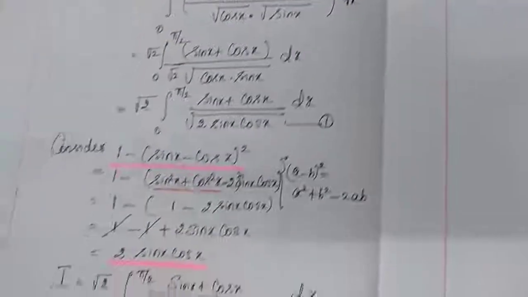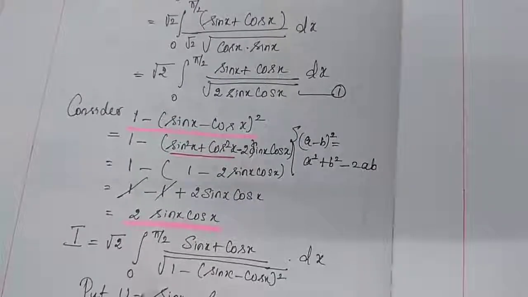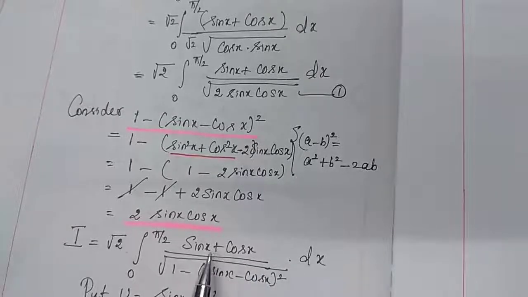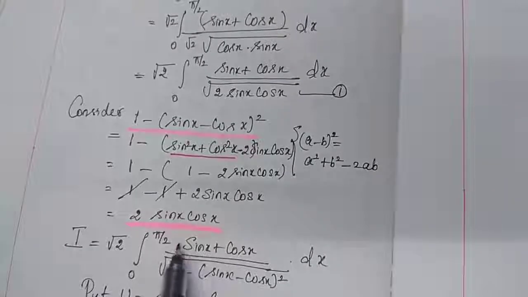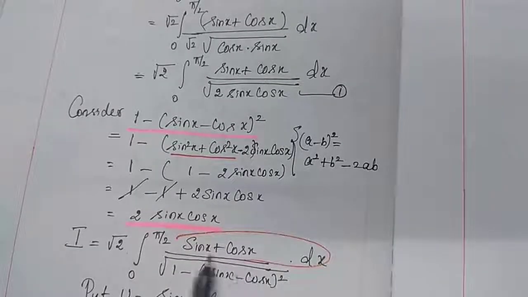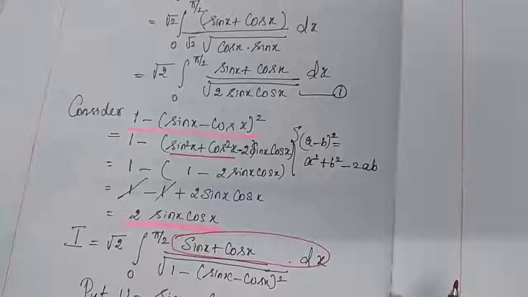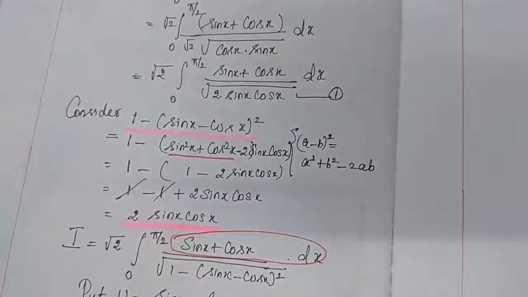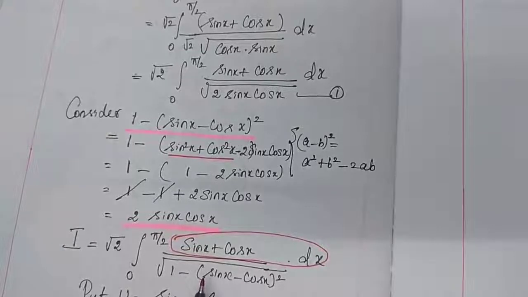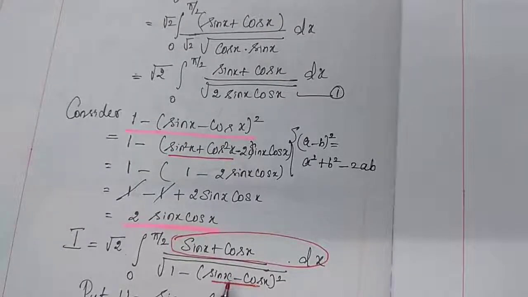One more time, recall. Our I is equal to root 2 times the integral from 0 to pi by 2 of sin x plus cos x dx. For that term sin x plus cos x dx, we substitute du. For the denominator term 1 minus (sin x minus cos x) the whole square, the bracket term value is u.